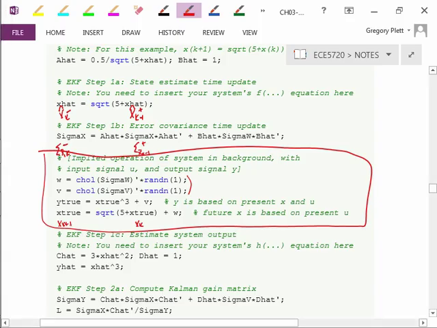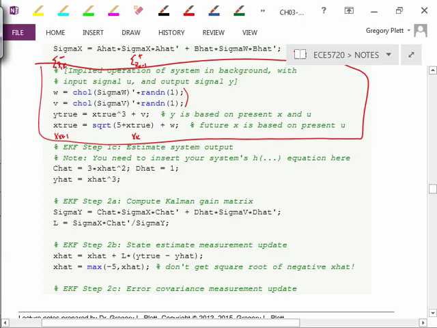It's time to go into step 1c, and again I need to compute the C hat and D hat matrices before I stomp on anything. So that's going to happen here. So C hat is 3x hat squared and D hat is 1, and y hat equals x hat cubed.